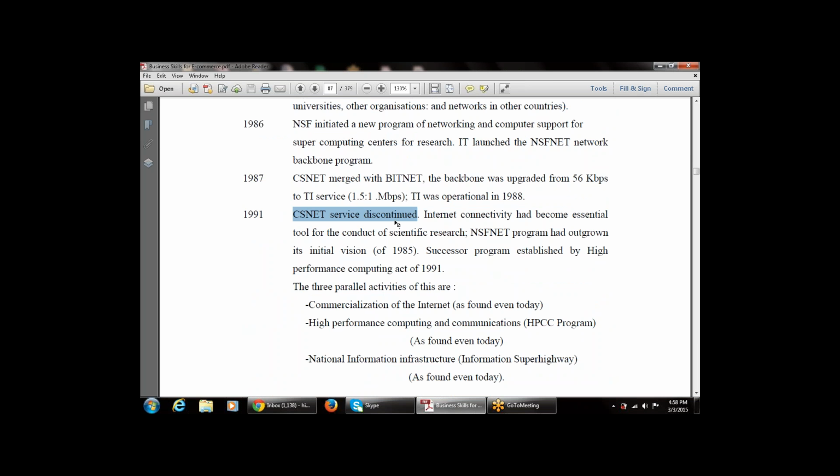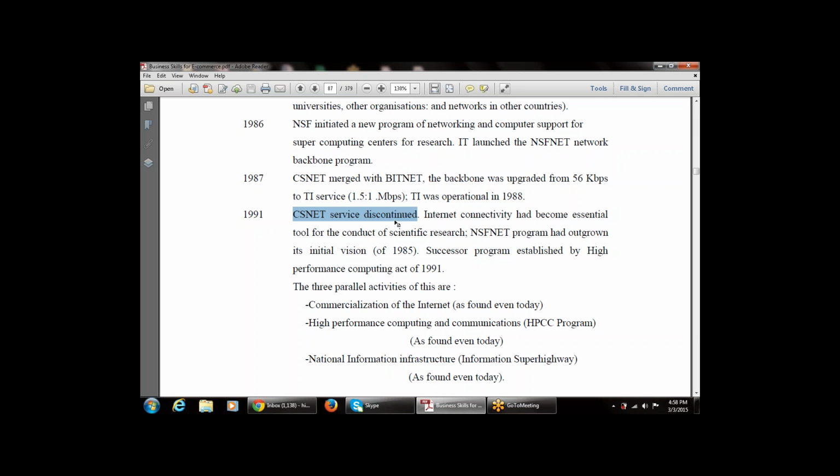The NSFNet program had outgrown its initial version of 1985. A successor program was established by the High Performance Computing Act of 1991.